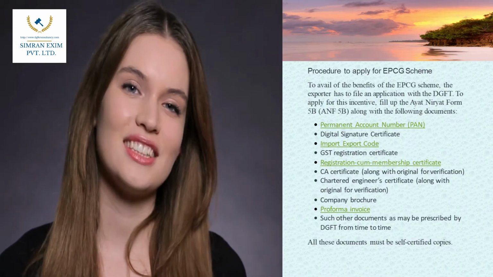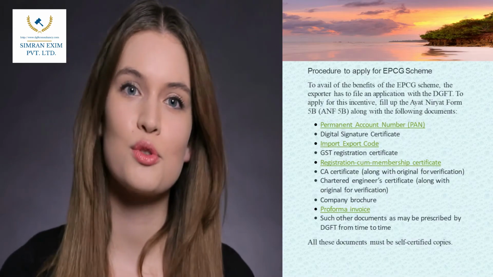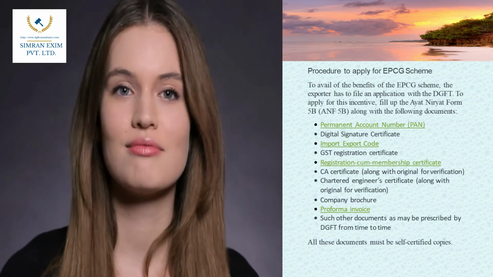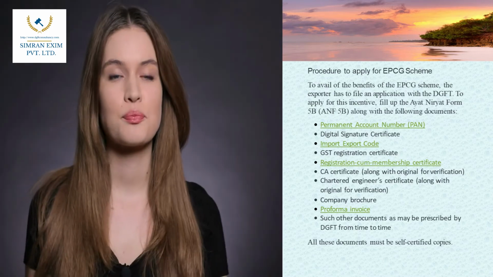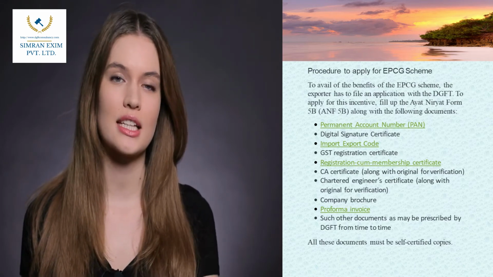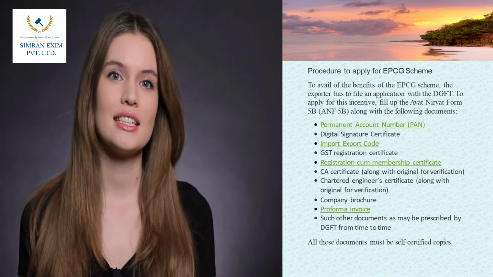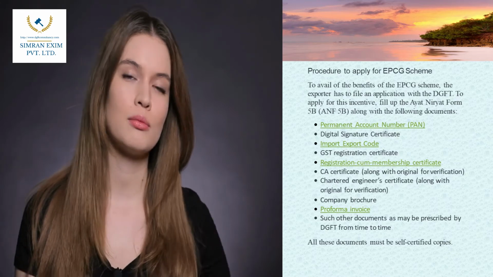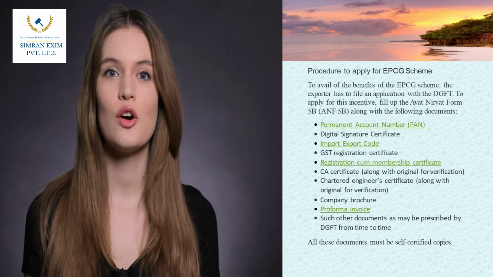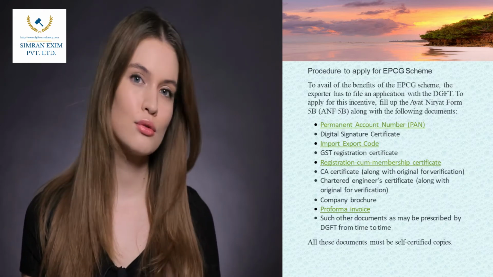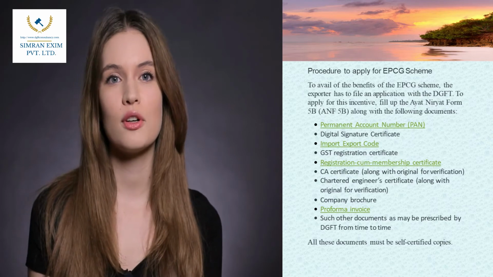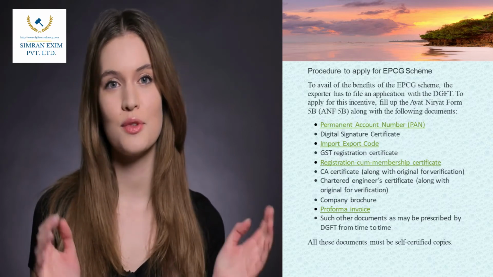Procedure to apply for the EPCG scheme. To avail of the benefits of the EPCG scheme, the exporter has to file an application with the DGFT. To apply for this incentive, fill up the Form ANF 5B, along with the following documents. Permanent Account Number, PAN. Digital Signature Certificate. Import-Export Code.